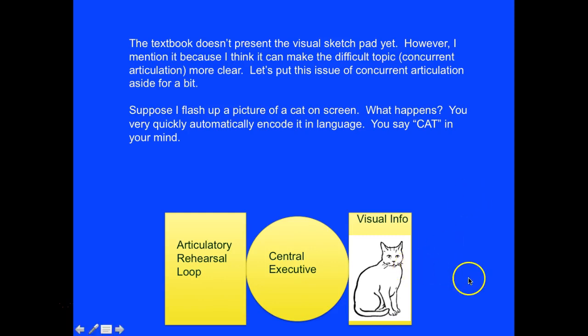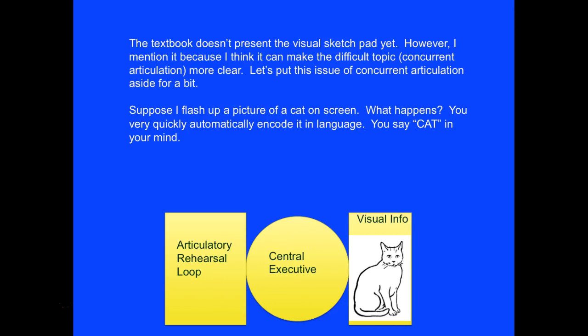If I flash up this picture of a cat, you are very capable of holding a visual image of a cat in your mind. You certainly can. But now suppose I say, now here's a cat, and the cat sits on a chair. Well, you can mentally put a cat on a chair, and you could go from there. But what I want to suggest to you is that you don't.